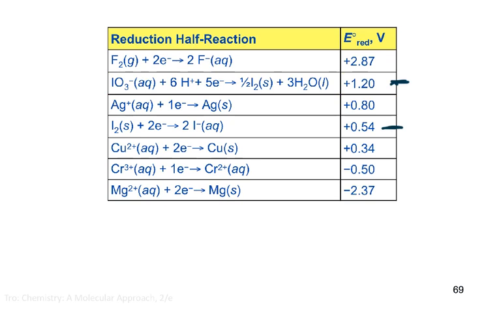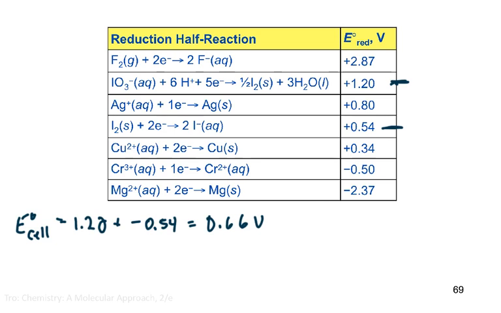We need to find our cell potential, which is going to be 1.20 plus negative 0.54, because I'm flipping that one. That gets me a cell potential of 0.66 volts.